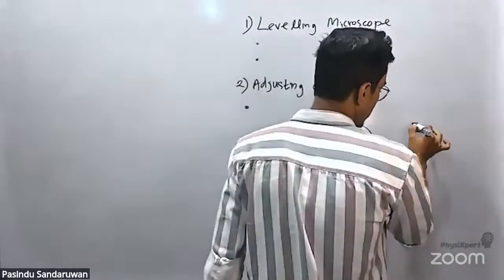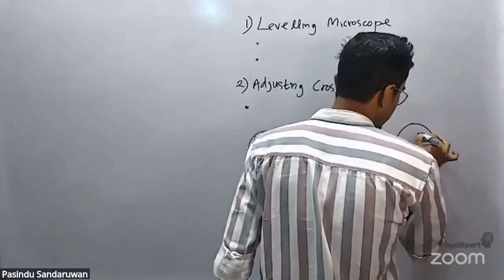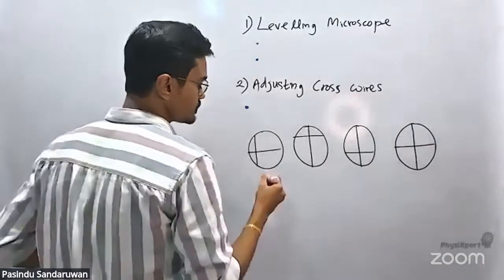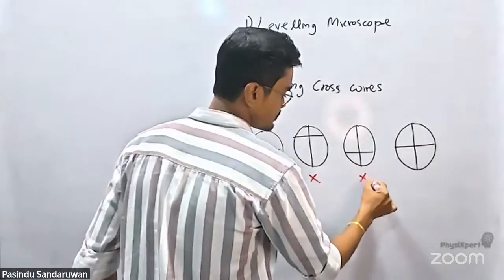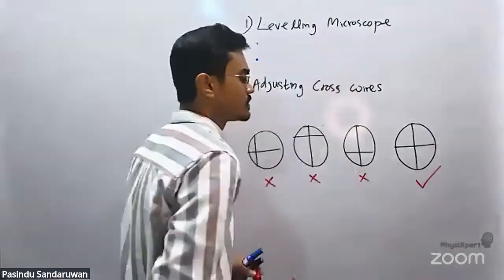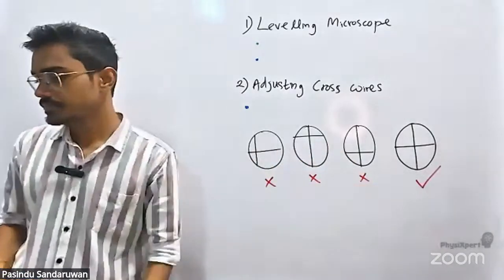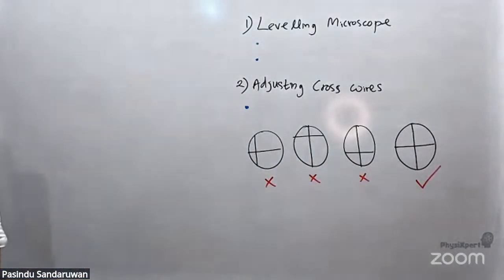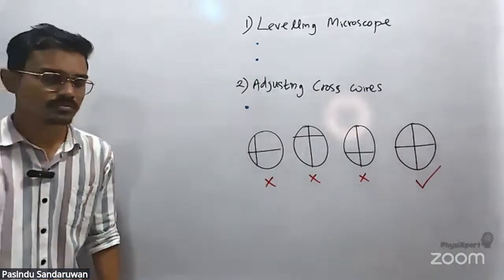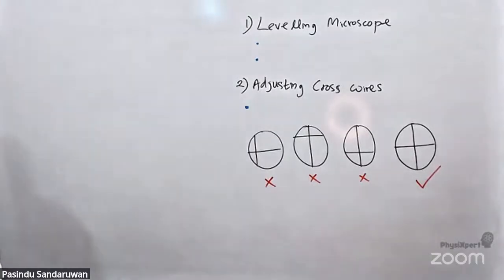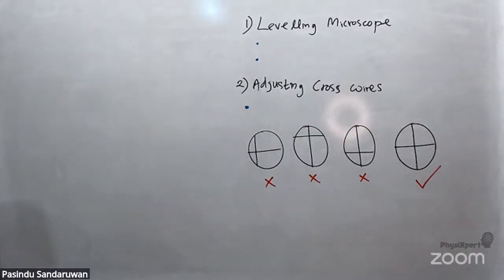But if it is properly adjusted, it will be symmetric like this. These are wrong. So it should be symmetric like this before taking the measurement. Take it down.